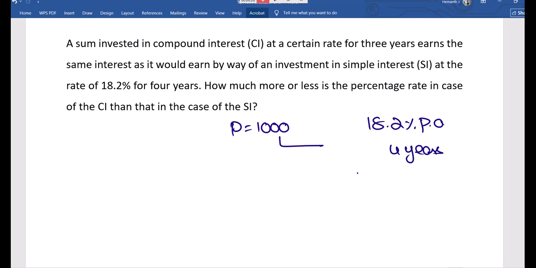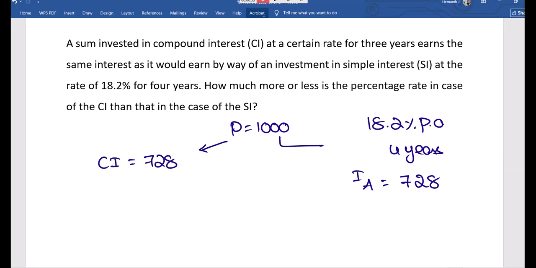So you got simple interest is 728. Now what do they want? Compound interest also they want 728. Investment is the same, but for 3 years, what is the rate of interest?